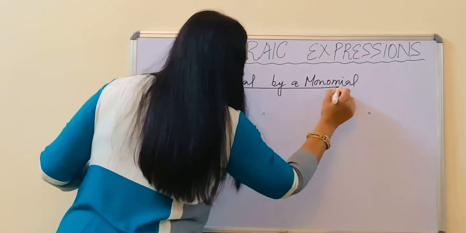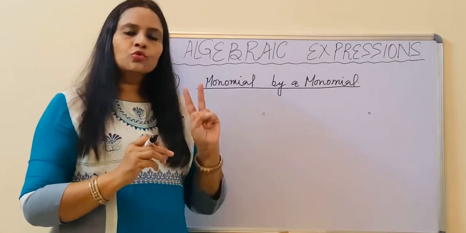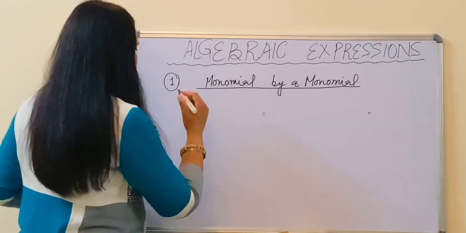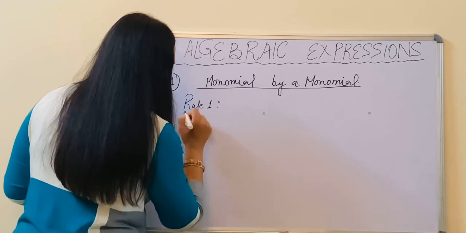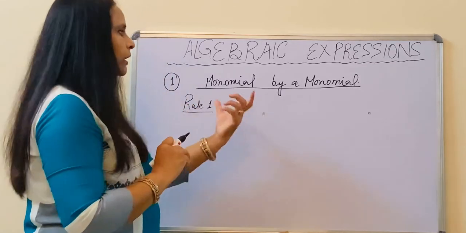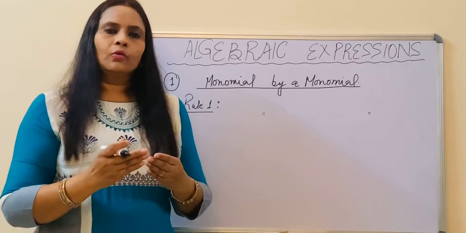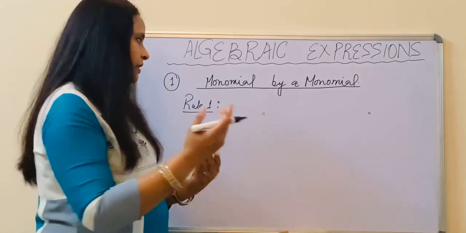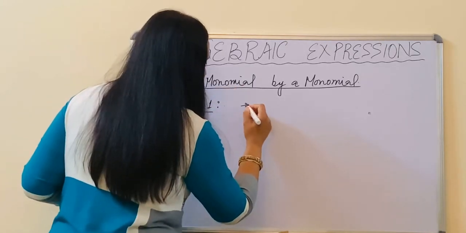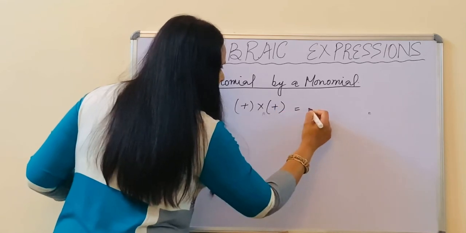Before doing the multiplication, we should remember two rules. The first rule, rule 1: when terms with like signs are multiplied, we always get a positive sign. For example, if we multiply plus with plus, we get plus.